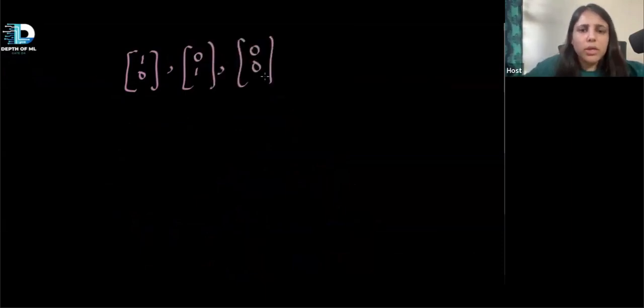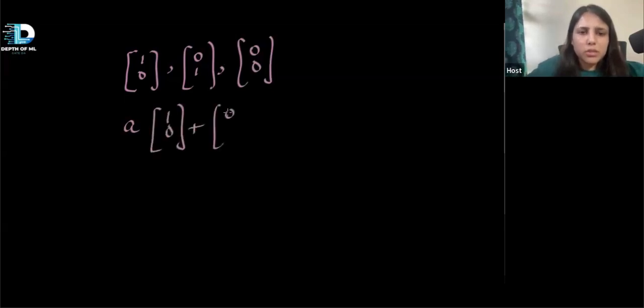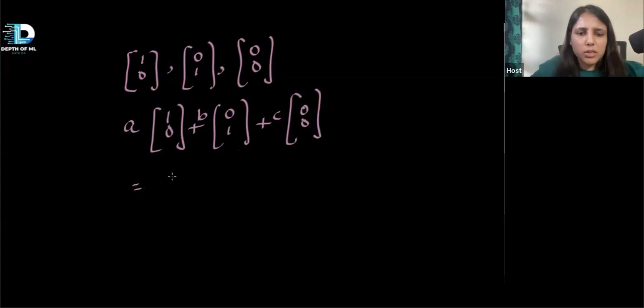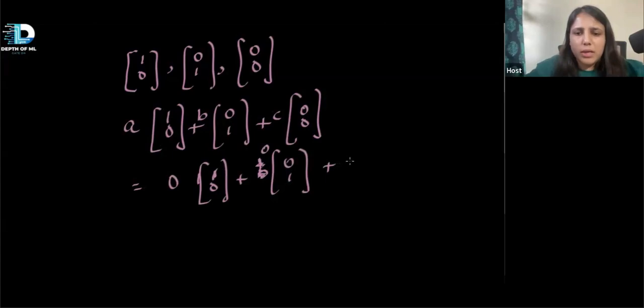Suppose I have (1, 0), (0, 1) and the zero vector (0, 0). I will do A times (1, 0) plus B times (0, 1) plus C times (0, 0). I can take A and B to be 0 and take C to be anything. It will always give me a zero vector.